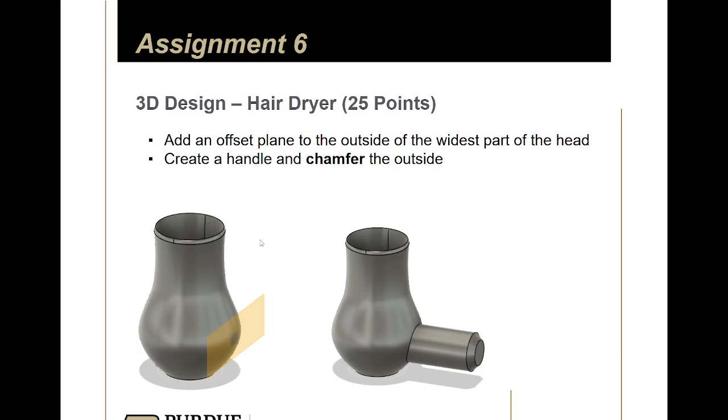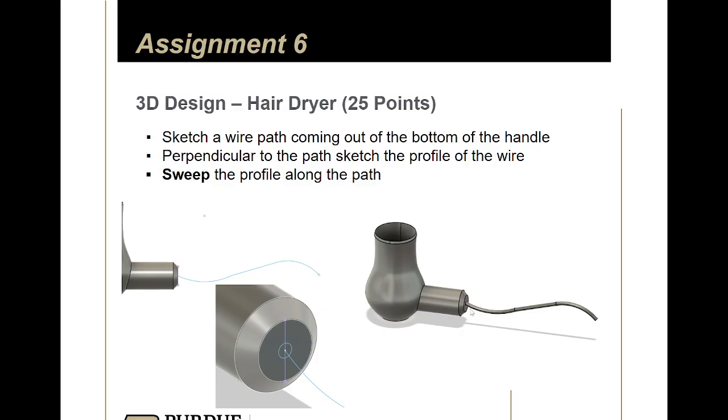The last thing we're going to do for this is we're going to add this wire here, where we're going to use, instead of a loft, something called a sweep. They're kind of similar in the sense that you're creating a solid body from several sketches. For the sweep, there's something called a profile and a path.